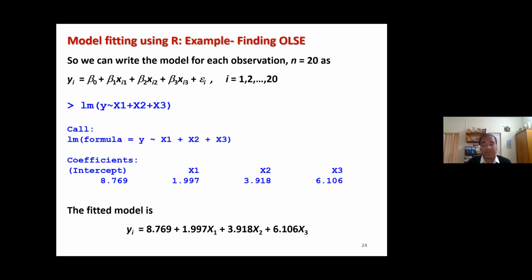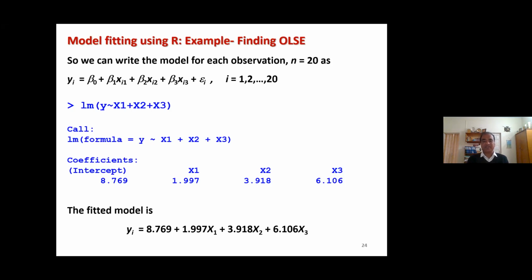Similarly, x2 here is the number of assignments submitted in a week or in a month. Its coefficient is 3.918. This indicates that if a student submits one assignment, then the marks on average are going to increase by nearly 4 marks.